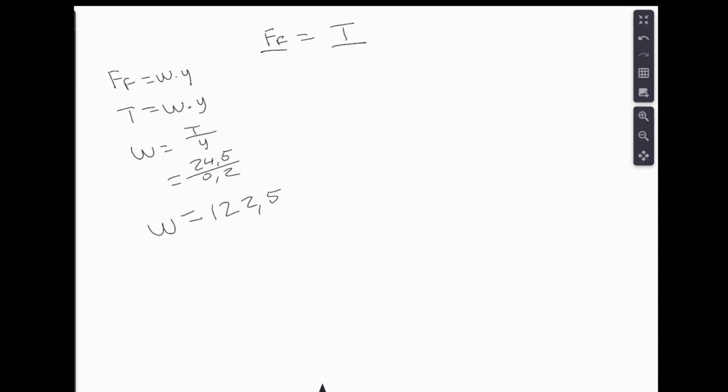Now, the weight could also be known as the normal force, right? The normal force is equal to mass times gravitational acceleration. So we can say that 122.5 newtons is equal to mg.